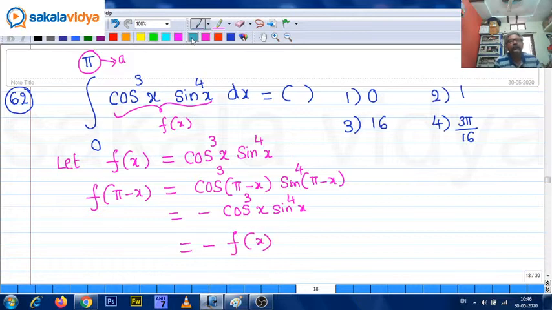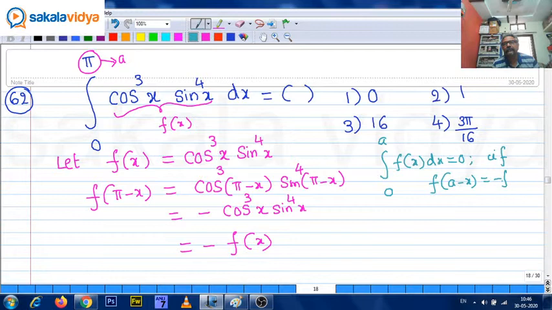So we have this shortcut: integral 0 to a of f of x dx equals 0 if f of a minus x equals minus f of x. Therefore, I equals 0. First option is right.